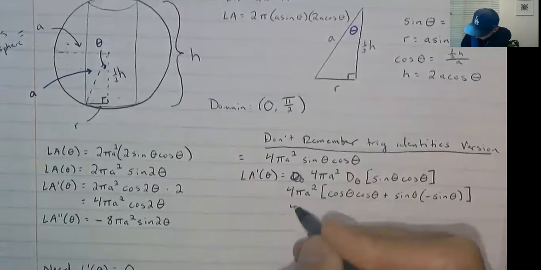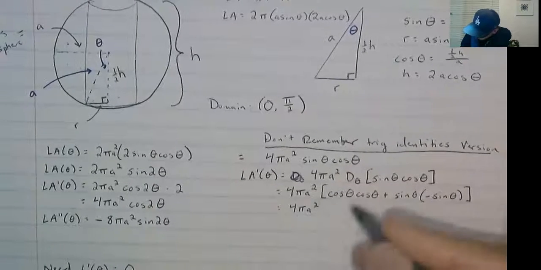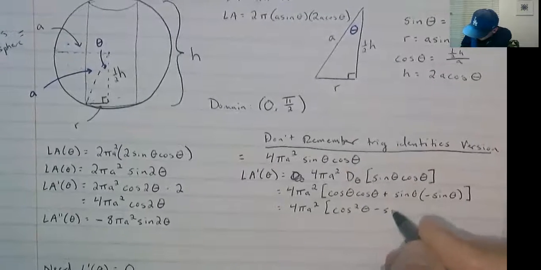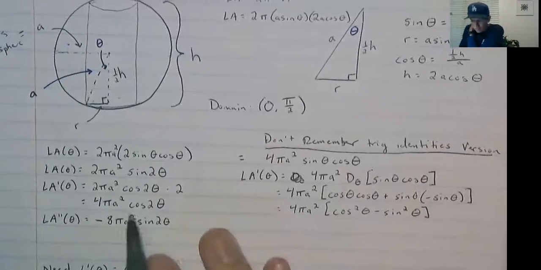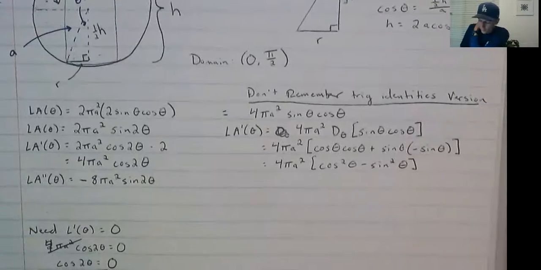And so we get 4 pi a squared times cosine squared theta minus sine squared theta. That doesn't make us feel very good because that does not look the same as that. But we're going to keep trudging. When in doubt, just trudge.